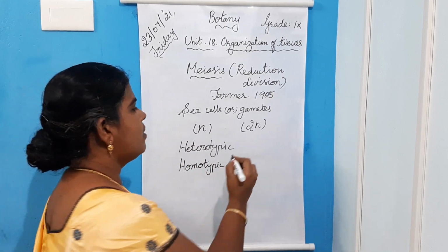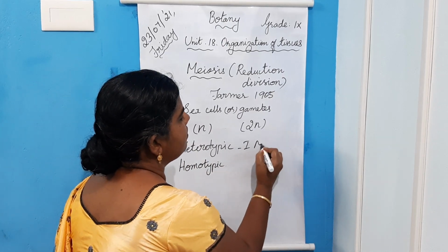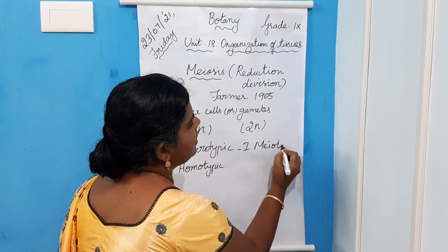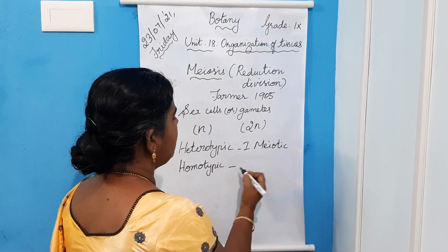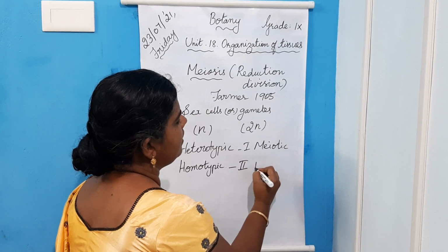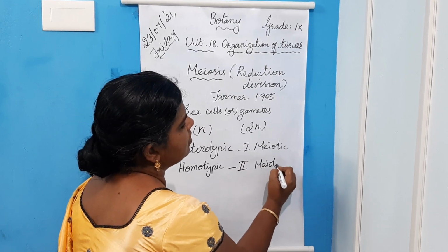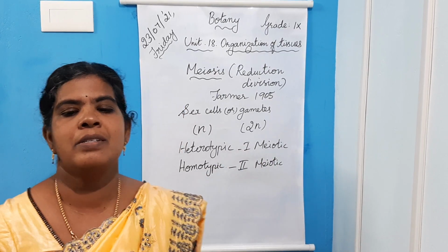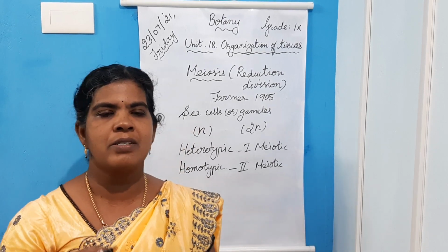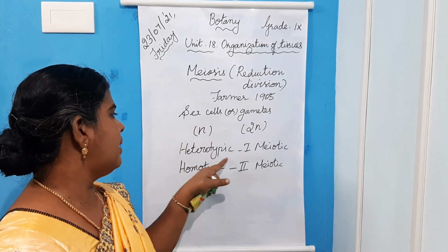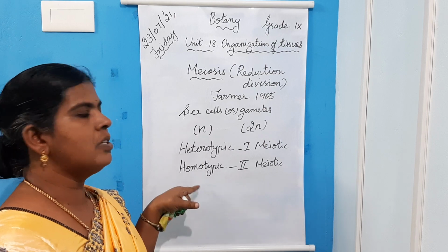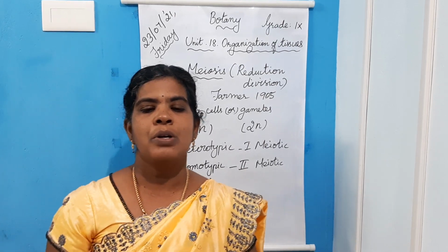The heterotypic division is also called the first meiotic division. The homotypic division is also called the second meiotic division. Okay, Mom?